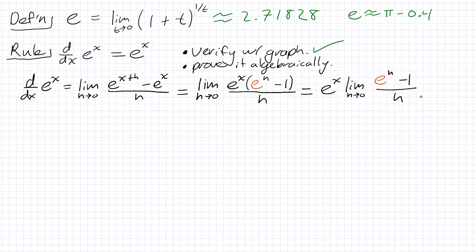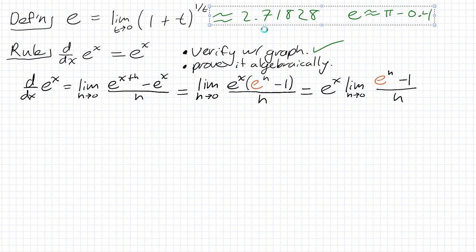And what is this going to turn into? Well, let's use the definition of e here, which I made orange. e is equal to this limit as t approaches 0. But what if we just called this the same as the limit as h approaches 0, because it doesn't really matter what letter you use.